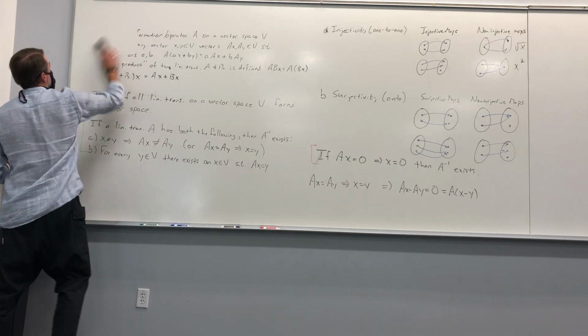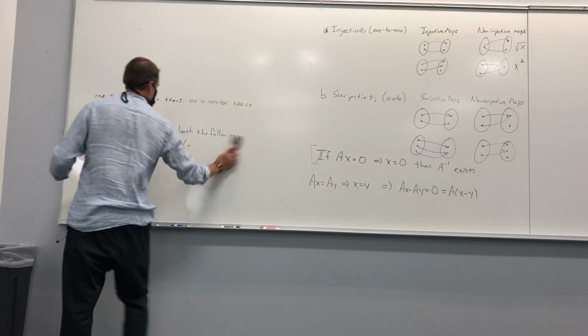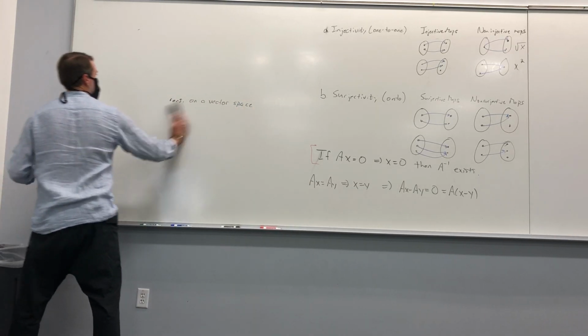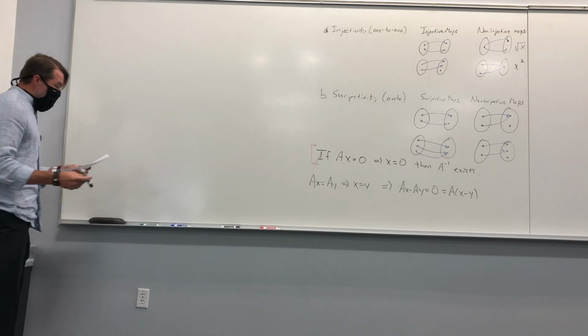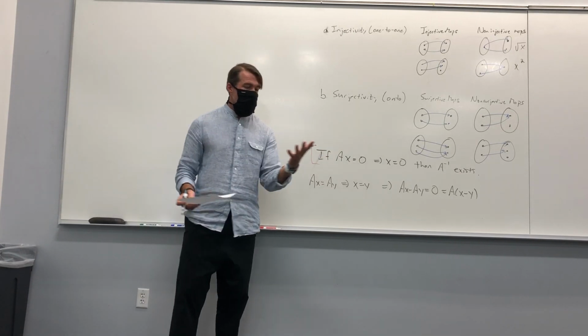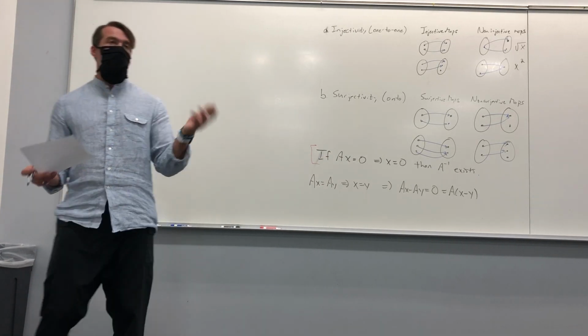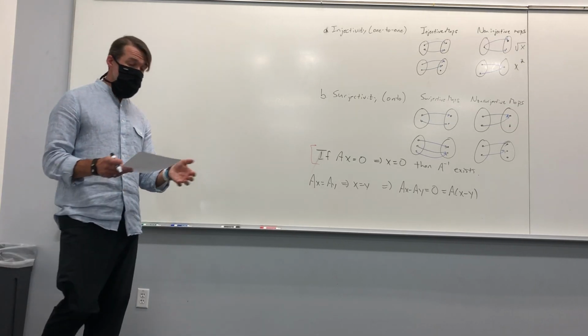Go ahead and erase this and probably regret it later on, but that's the way it goes. It turns out that if A inverse exists, if the inverse of a linear transformation exists, obviously it's also a linear transformation, and so A inverse satisfies the linearity conditions.